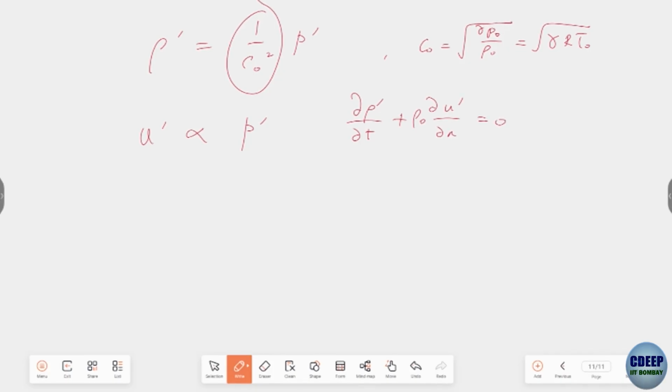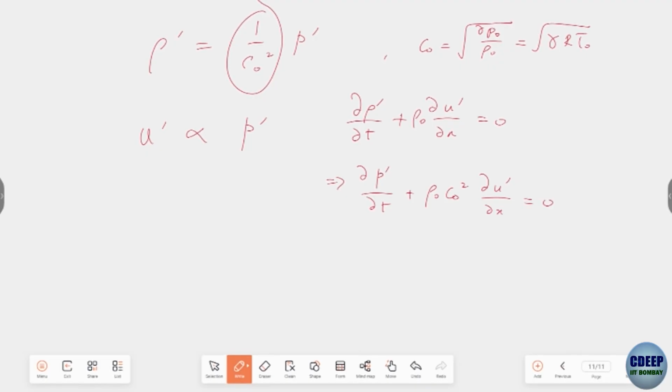We have already found rho prime as a function of P prime, so we are going to use that, and derive the relation between U prime and rho prime. Rho prime is 1 by C naught square P prime, so we get 1 by C naught square del P prime del T plus rho naught del U prime del X equal to 0.